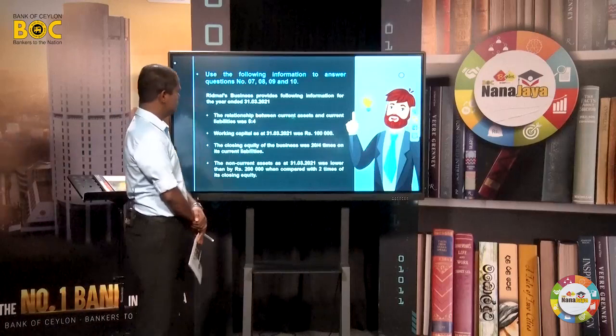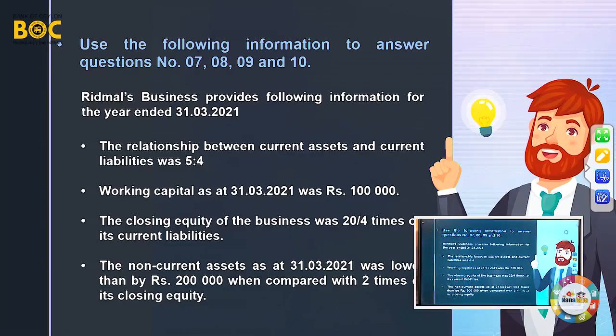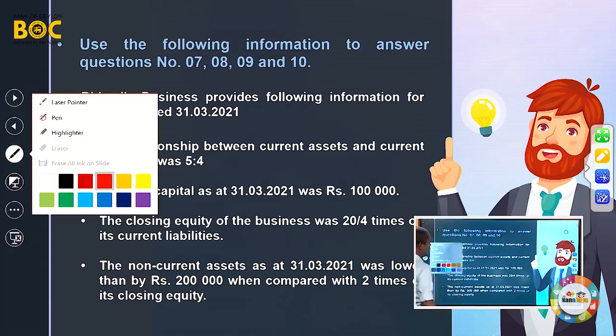To go through the information given, use the following information to answer questions 7, 8, 9 and 10. The first point: the relationship between current assets and current liabilities is 5:4.